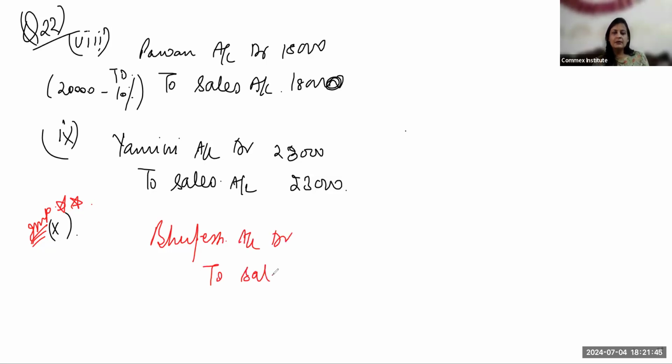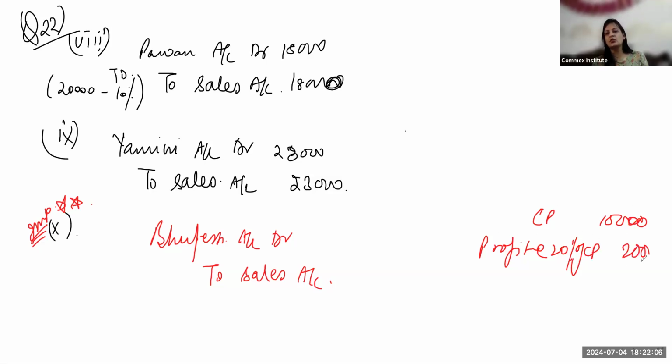Now this entry is simple. The amount calculation is important. So here we'll first have to add the profit margin. The cost price is 10,000, and then we are adding profit to it. Profit at the rate of 20% of cost price only, so it's easier for us to calculate. 20% of 10,000 is 2,000.